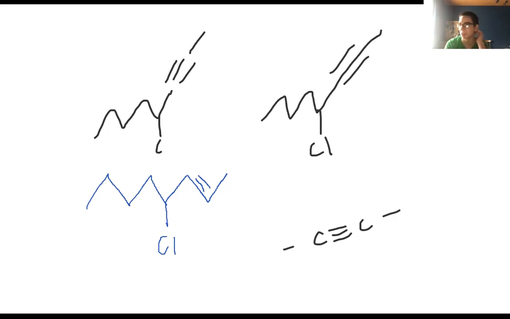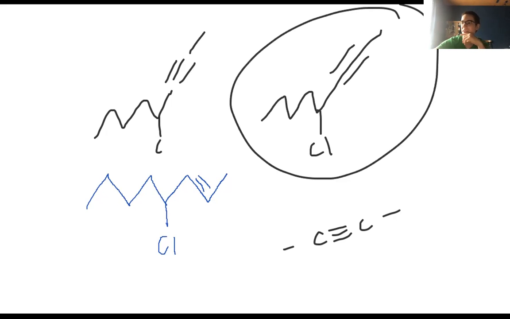It was really close. But yeah, when it's drawn like this structure right here, don't forget that there are carbons at the beginning and end of the triple bond. So all those red marks are carbons. So there's 4 carbons in that straight line.